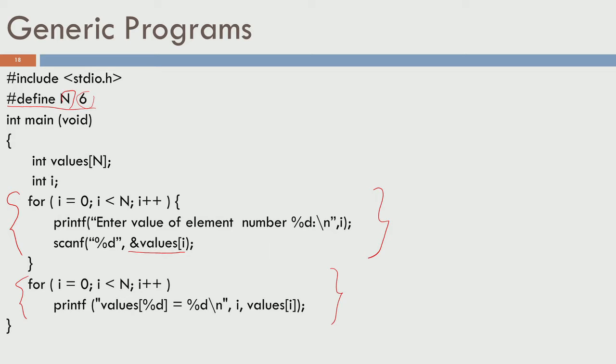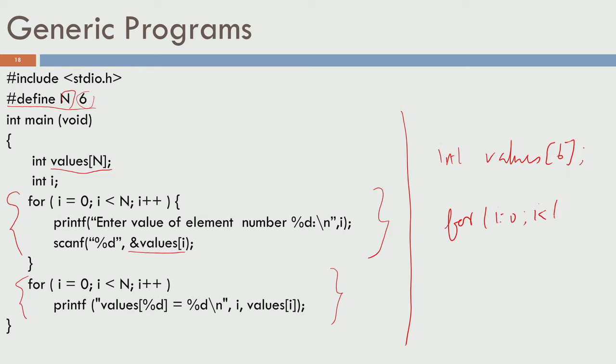We have declared the array with values of n. n is not a variable. So, n takes the value 6 here. Wherever you see n, assume that it is number 6 there. So, what you are essentially doing is it is equivalent to saying int values of 6, and you have a for loop running from I equals 0, I less than 6, I plus plus, and so on.